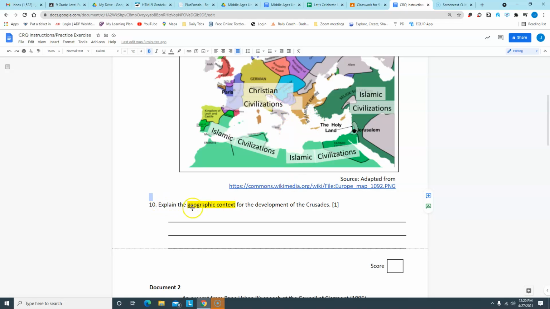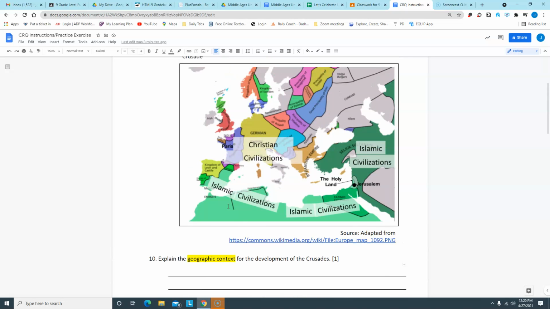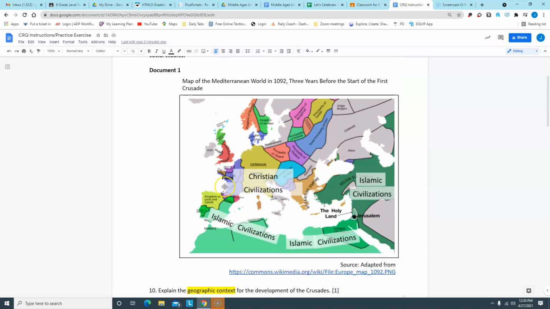For this map document, we are going to have to explain the geographic context for the development of something in history. That makes sense, because they're going to be asking us about geography, or the context having to do with geography, since we're looking at a map.